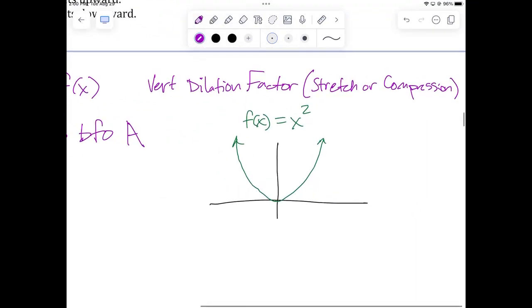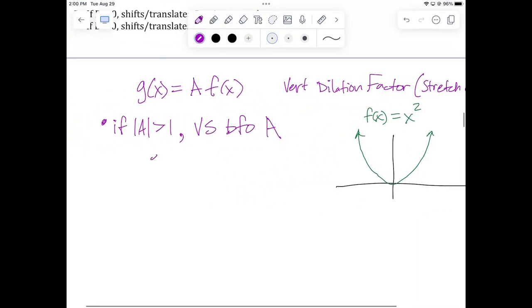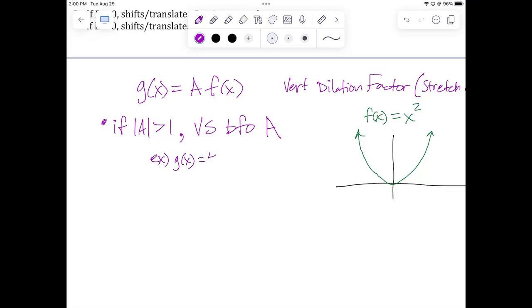So here would be an example. An example would be if I have g of x equals, let's say, 4x squared. All right, here's what you're going to do. You're going to walk up to the problem. You're going to see 4x squared. You're going to notice that x squared is your parent function, and this 4 is being multiplied outside the square.